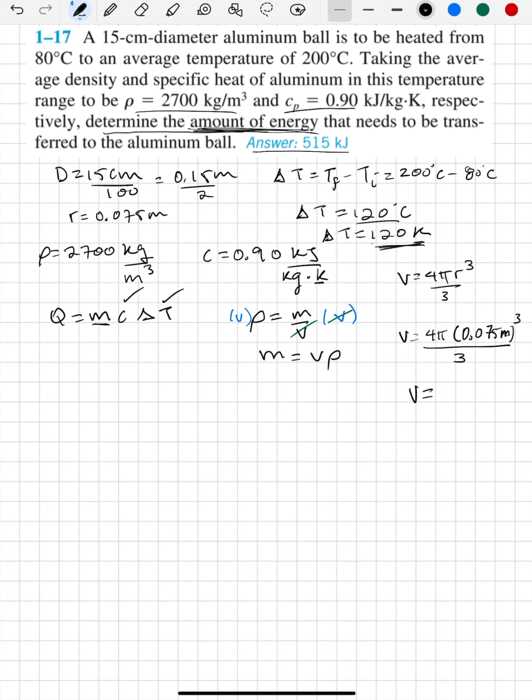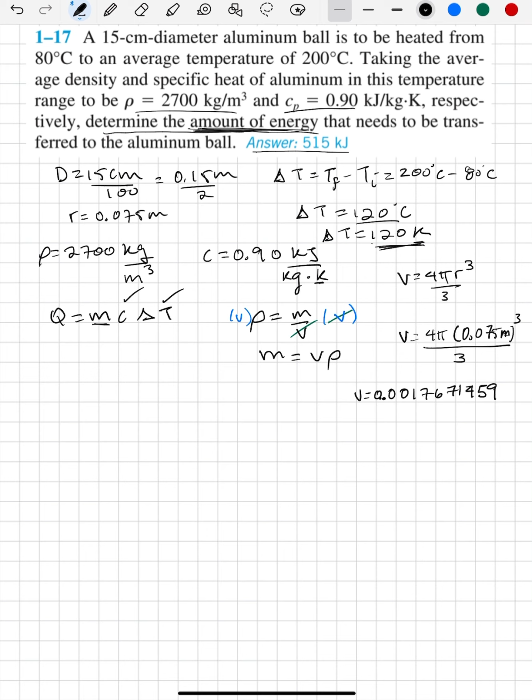And you guys can do this on your calculator as well. So my volume is going to be 0.0017671. I'm going to write as many decimals as possible.